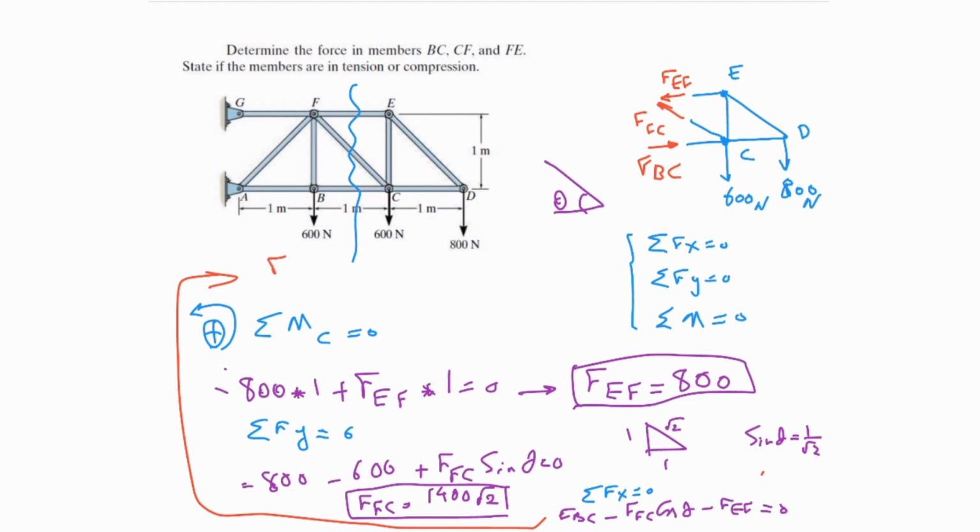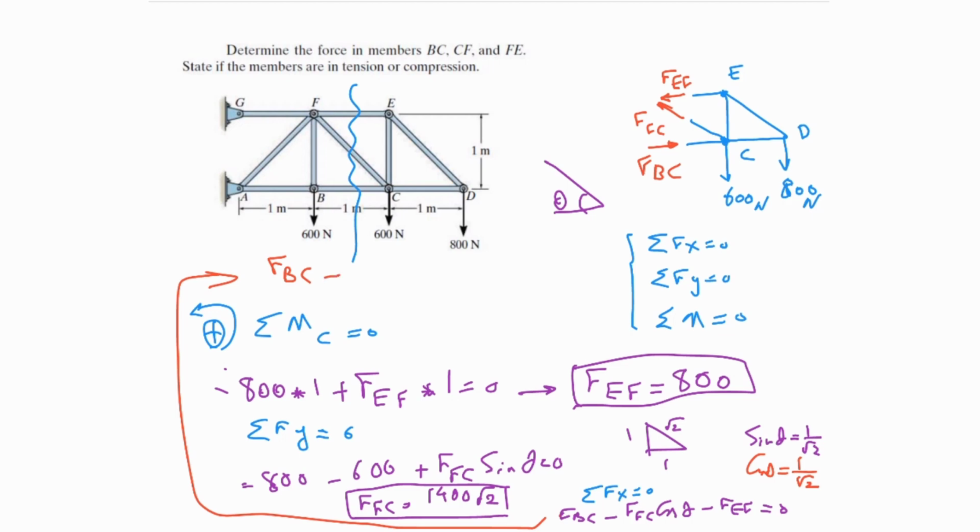I would have FBC as the unknown, and FFC, I have the value cos theta, like sine theta is 1 over square root of 2.